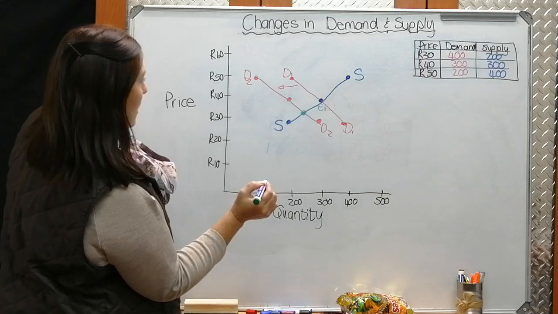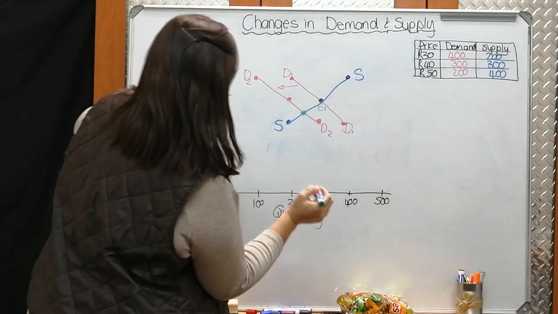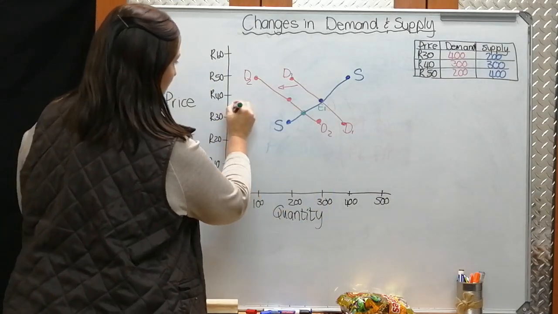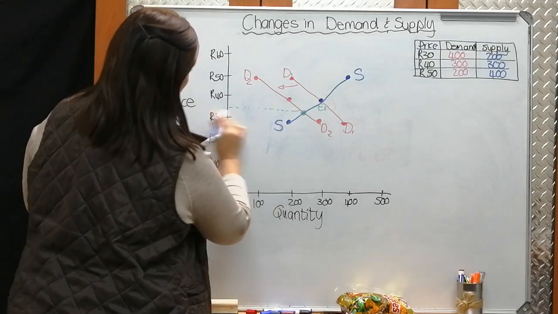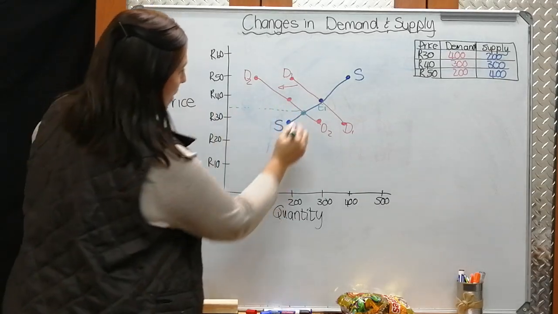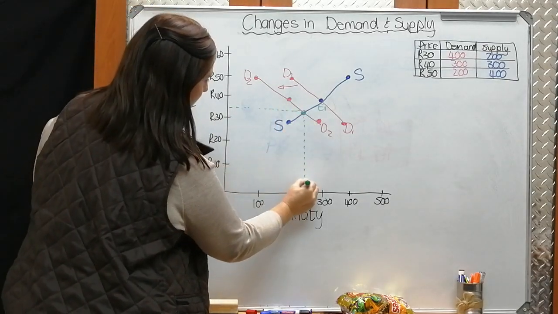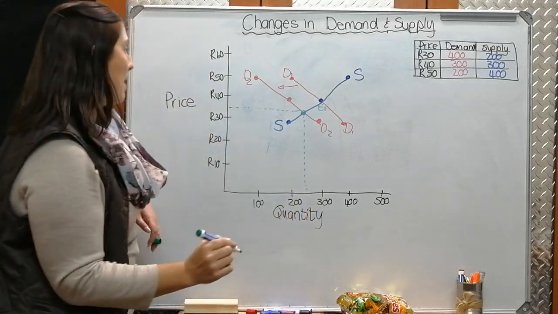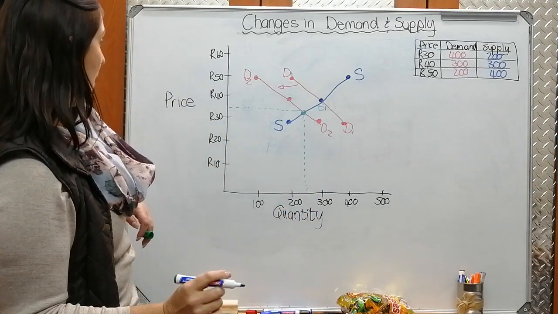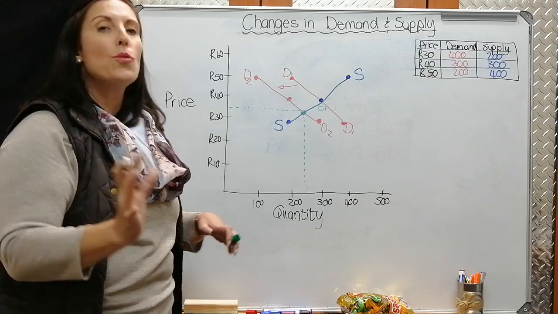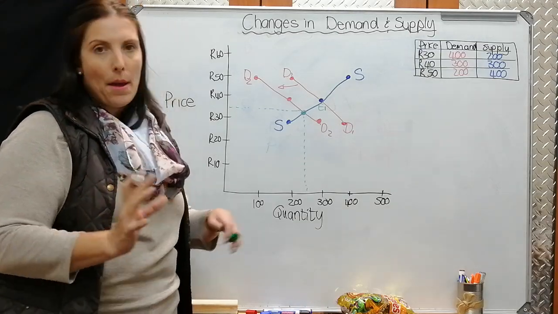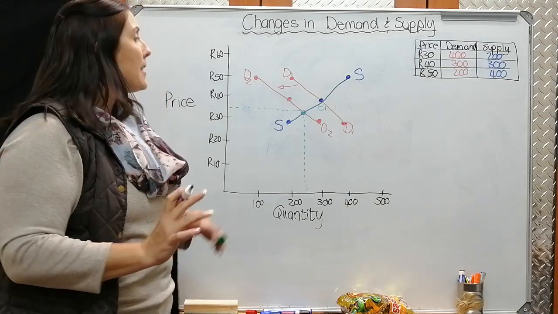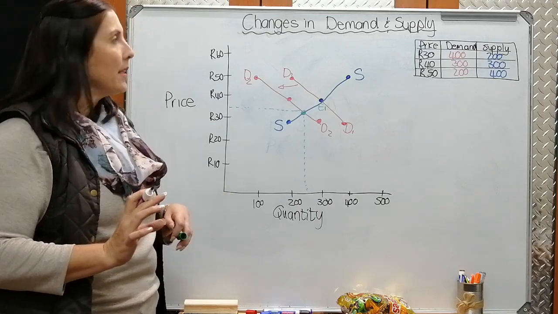It looked to me about 35. Now that's a little bit difficult to gauge here because I'm not on graph paper. But to me it looks like about 35 Rand and 250 pieces of cake. So this is the equilibrium point in the market.